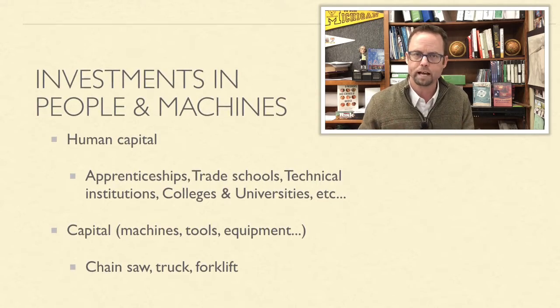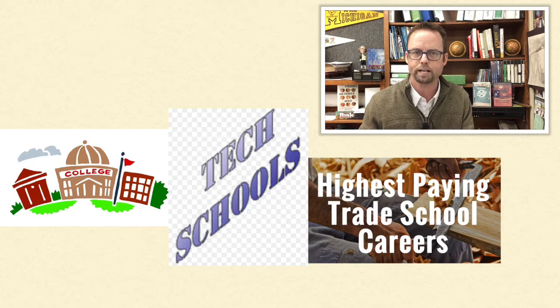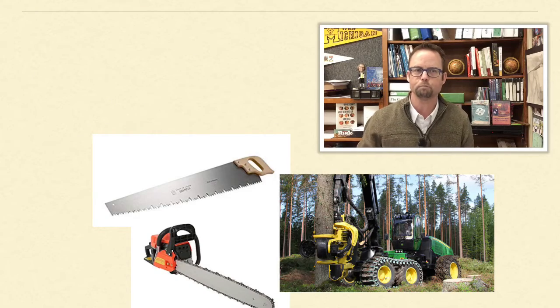Workers, human capital, can become more productive through furthering their education. Not only does furthering one's education or furthering one's ability to perform certain skills improve productivity, but so do machines. Workers and machines are linked. Take a logger, for example. A logger can produce much more when working with a chainsaw or the modern equipment they have today than with a hand-operated crosscut blade.